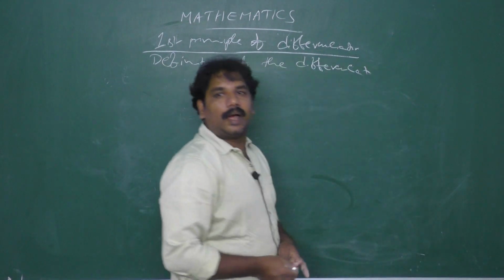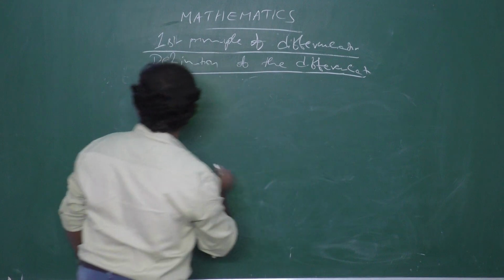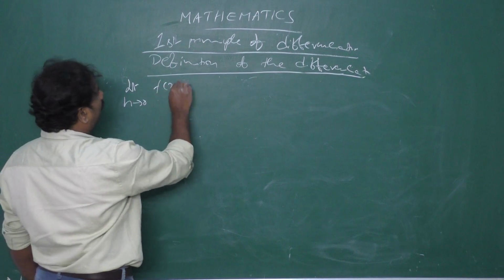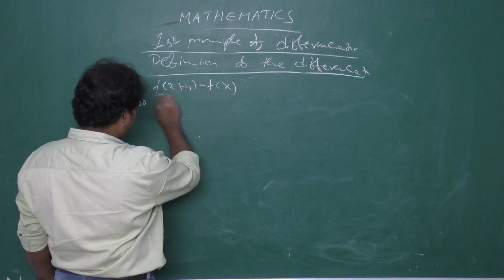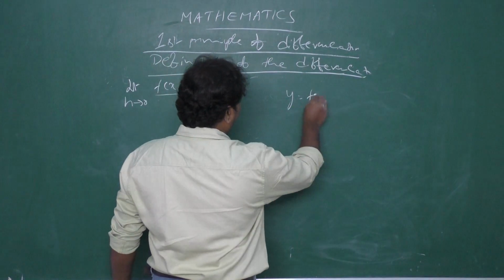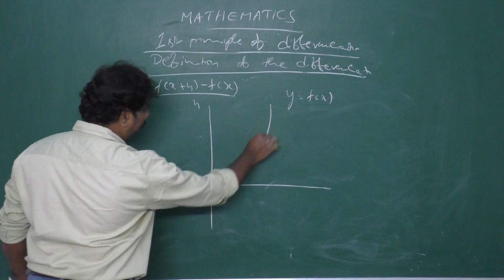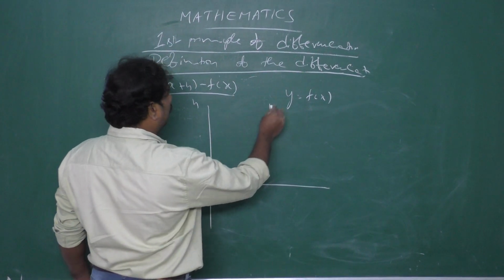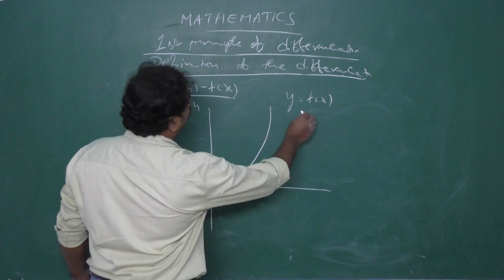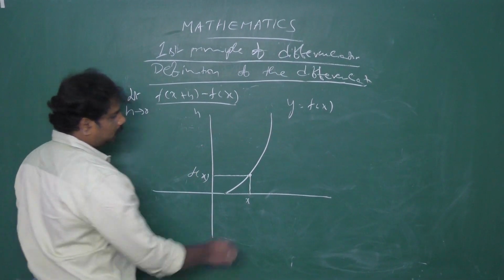Before that, I am going to give you a little interpretation about the first principle. What is the first principle? Limit h tends to 0, f of x plus delta x minus f of x by h. If there is a function y is equal to f of x, and graphically you represent that function by a curve, take a point x, and its y coordinate will be f of x.